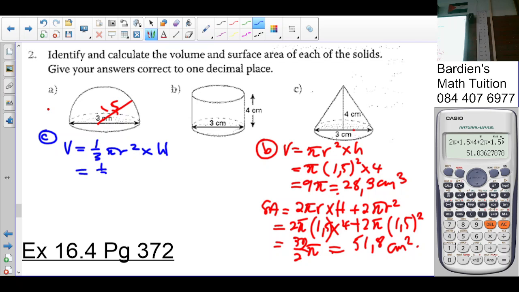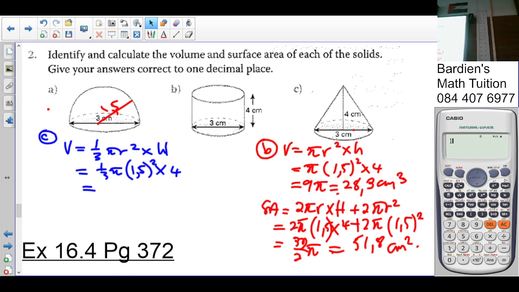So that gives me a third pi. My radius is 1.5 squared times height, which is 4. So it's a third pi times 1.5 squared times 4. Gives you 3 pi, which is 9.4.